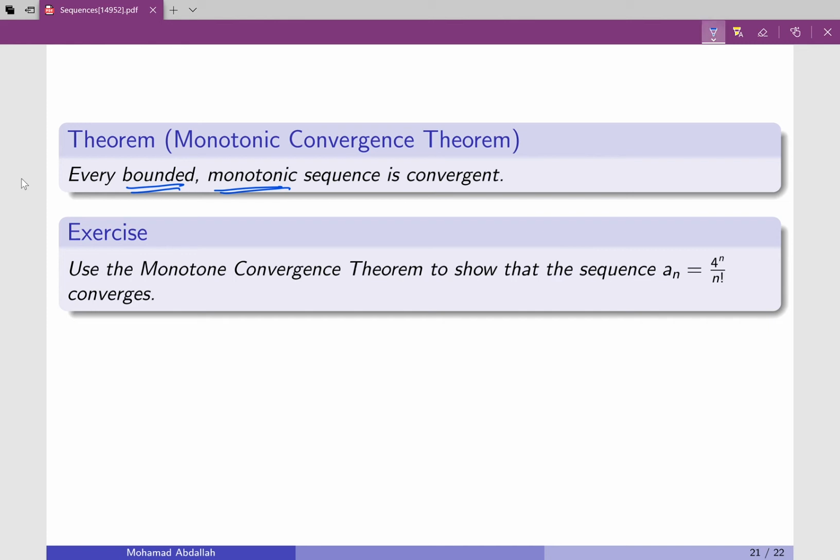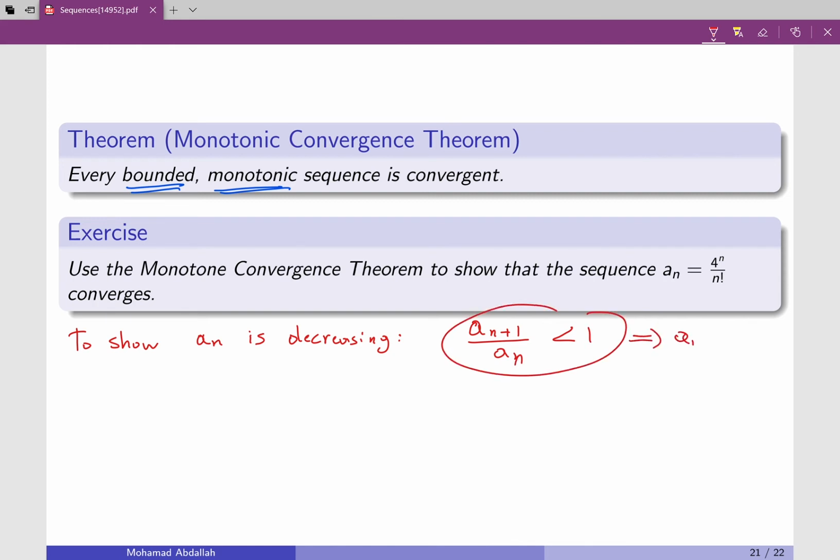To show that an is decreasing, find this ratio an plus 1 over an and show that this is less than 1, because if this is the case, then this is going to imply that an plus 1 is less than an.